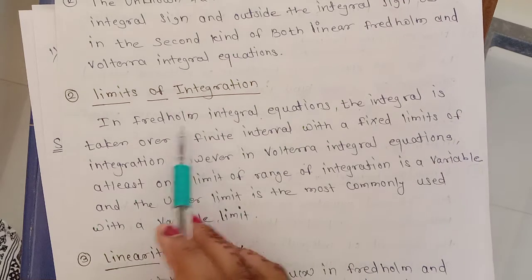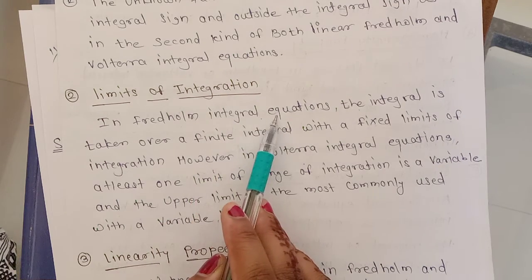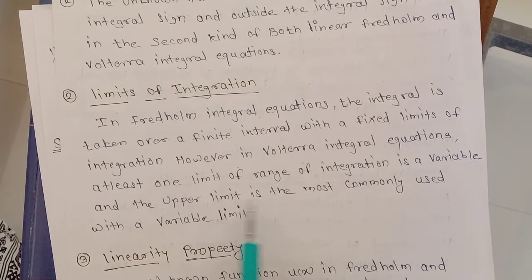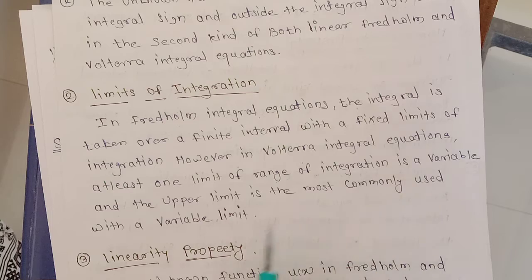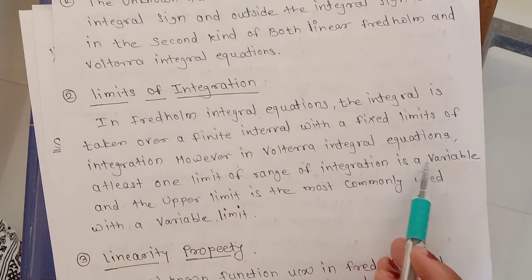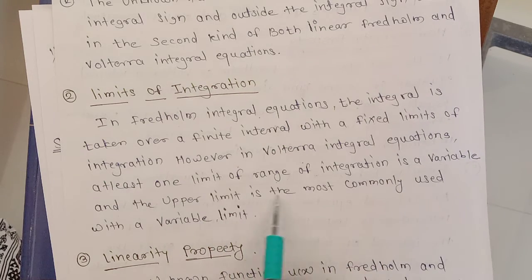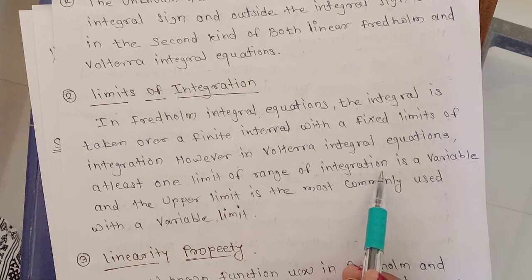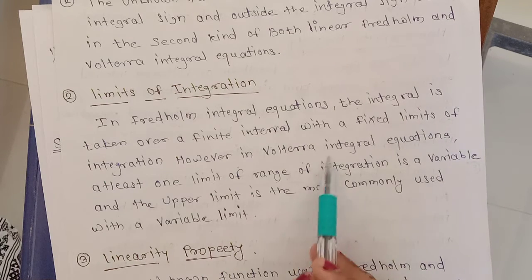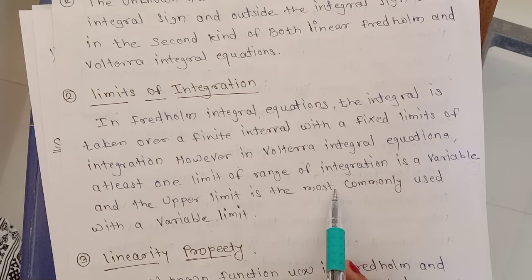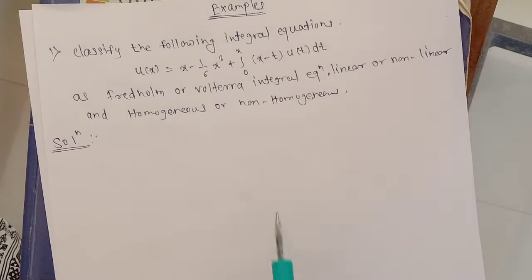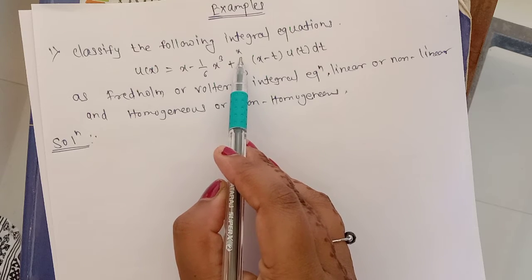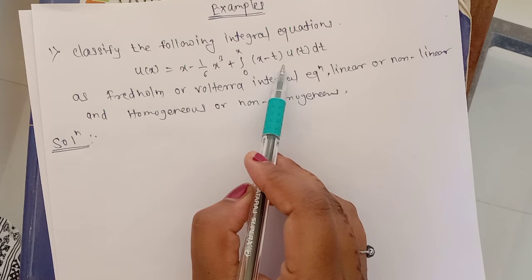That is, in the Fredholm integral equation the limits of integration are constants a and b, while in the Volterra integral equation the upper limit of integration is some variable x. Look here: we have an integral in which the upper limit is a variable, so this is nothing but a Volterra equation.